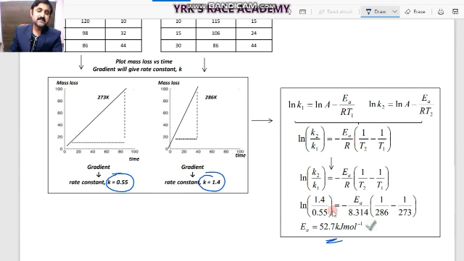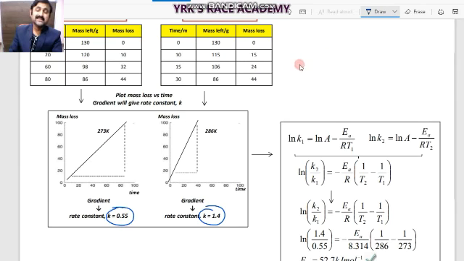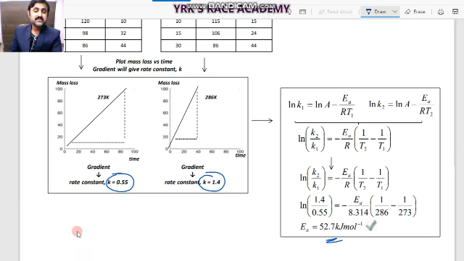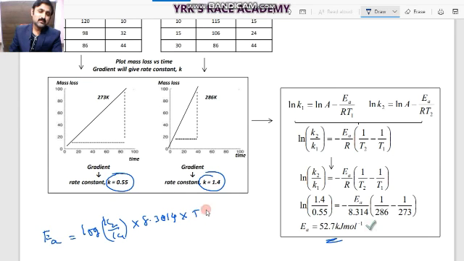And if the ln conversion is difficult, you can convert ln into log, and the activation energy will be given by the formula Ea equals log K2 by K1 into 8.314 into T1 T2 divided by T2 minus T1.